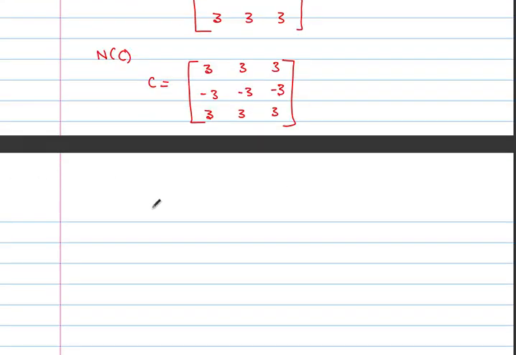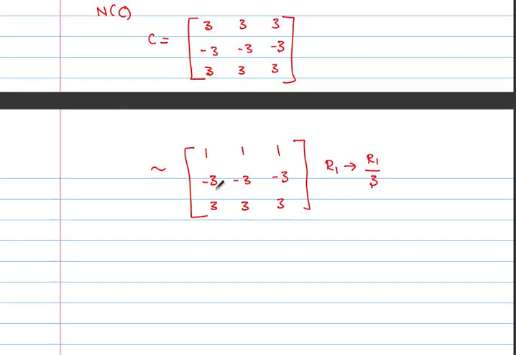This is equivalent to, because I want to choose this as my pivot position, 1, 1, 1. The first row is divided by 3, because my pivot position must always be 1, that is my aim. So R1 becomes R1 divided by 3.